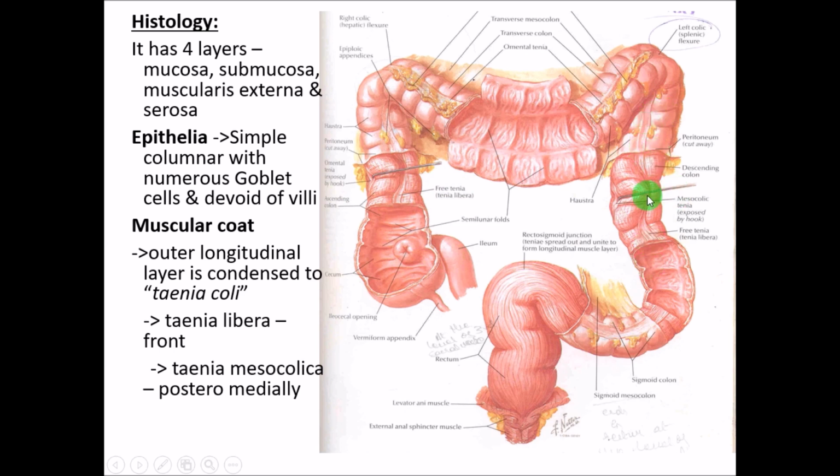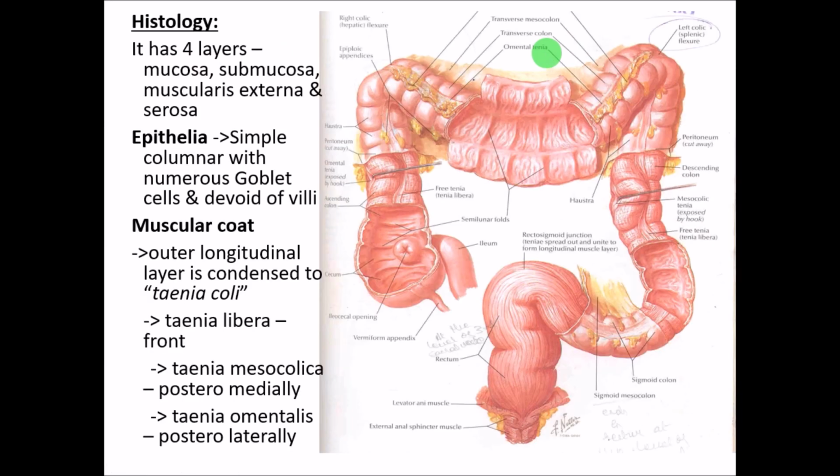Here they are pulling this with a hook, so you can see the mesocolic taenia exposed. It is also called taenia mesocolica, which is present posteromedially. Then we have the last one, the taenia omentalis, or omental taenia, which is present posterolaterally.